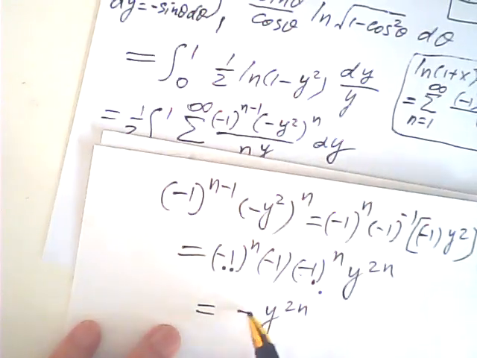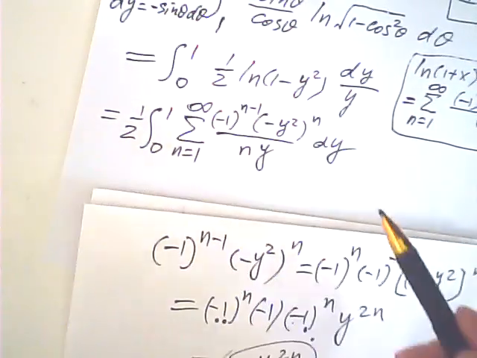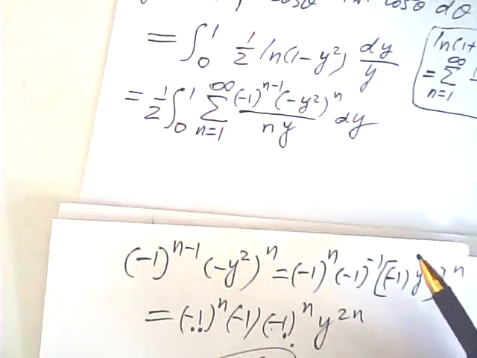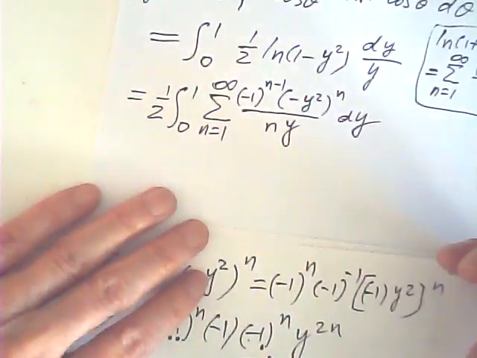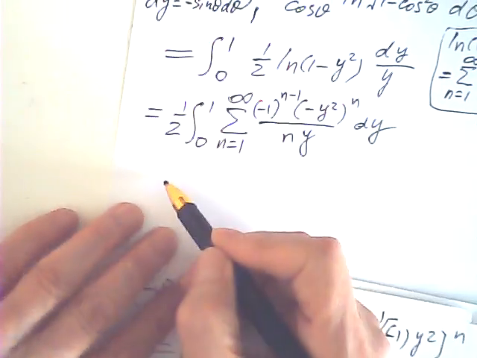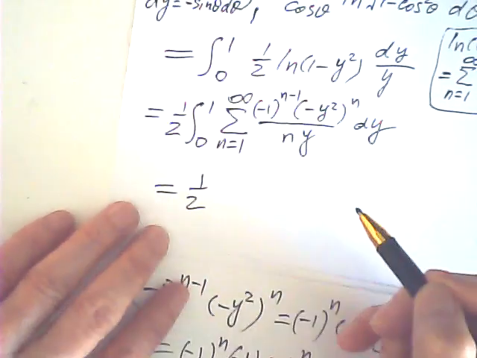So it's negative 1. That is the result of the numerator.